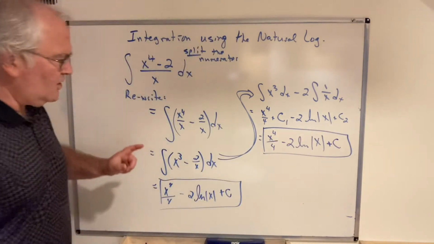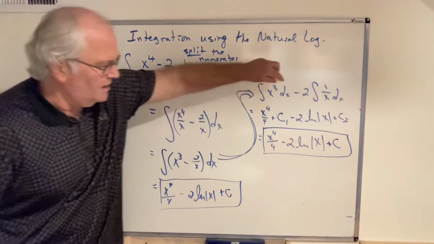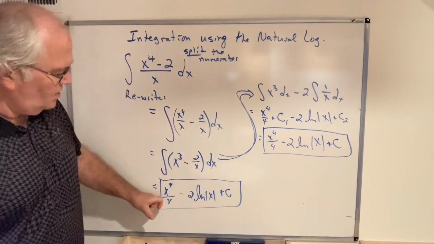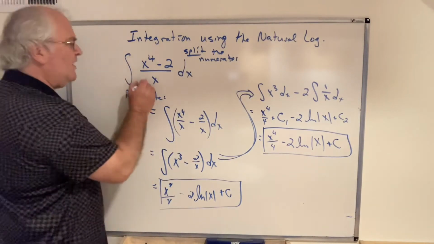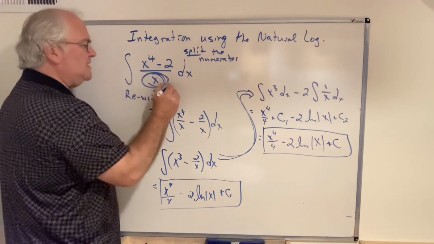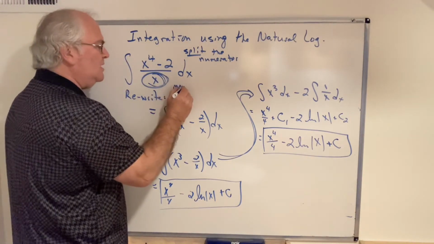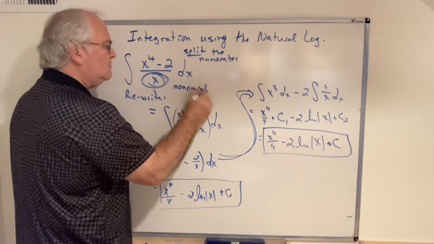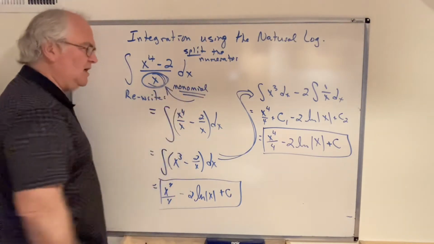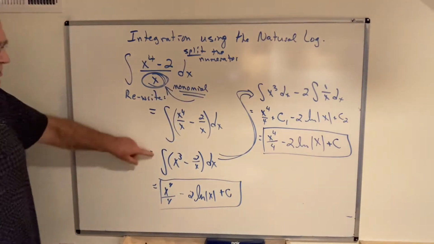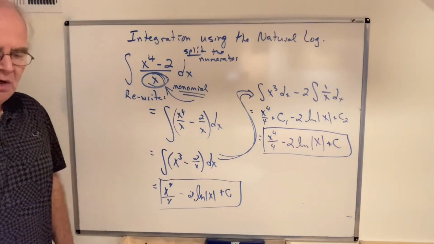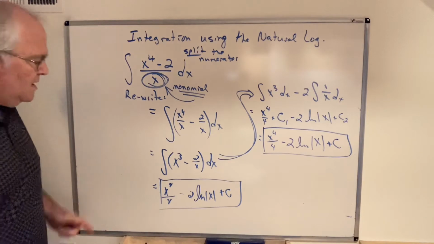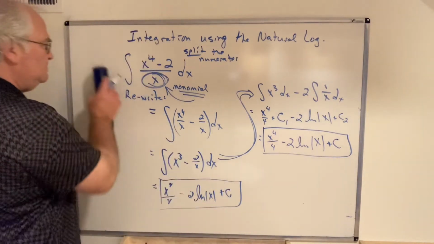So by hook or by crook, if you need to, split into two separate integrals. If you don't need to, you can do each one as you go. But that's the result. Very often, if the denominator is a single term, a monomial, then split the numerator. And notice we actually did end up still using the natural log rule in this case. So that's a technique to watch for.